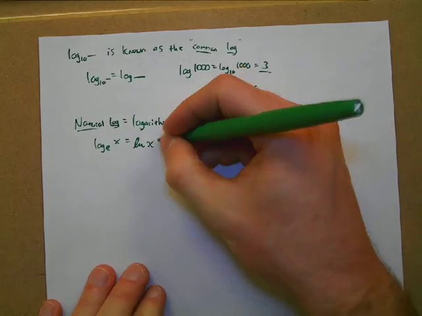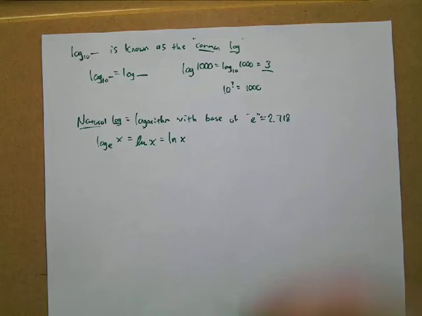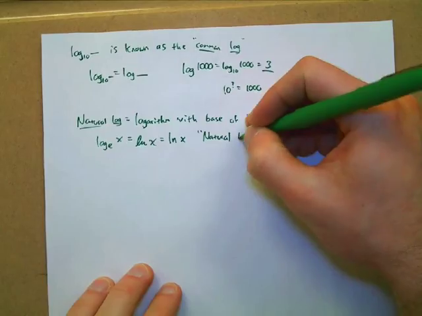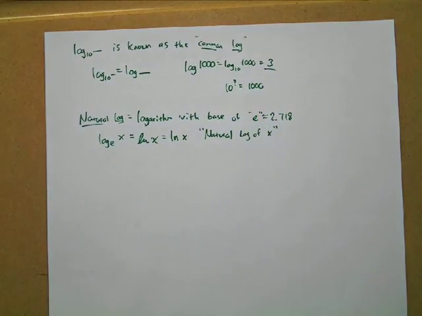That's the natural log of x. And the reason it's ln and not nl, like logarithm natural? Well, that's because it's from the French. I guess a French mathematician helped develop this, and it's like logarithm naturel or something like that. I can't do French, sorry.